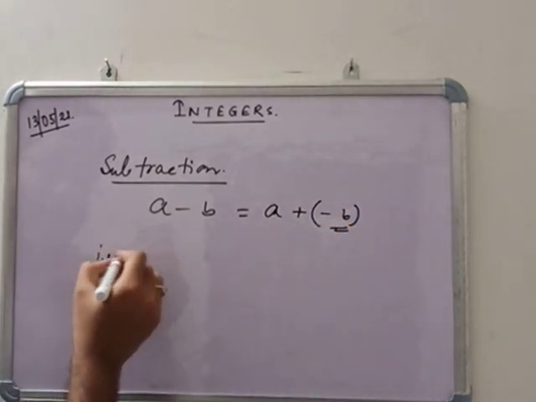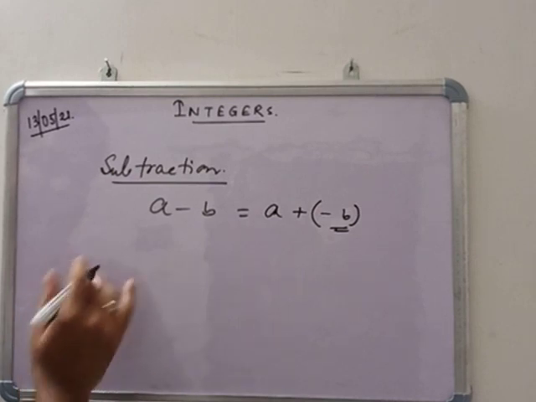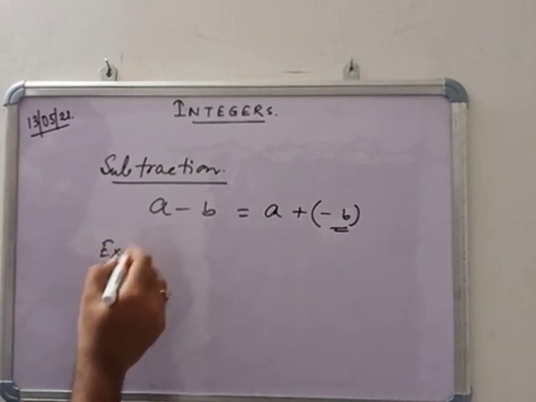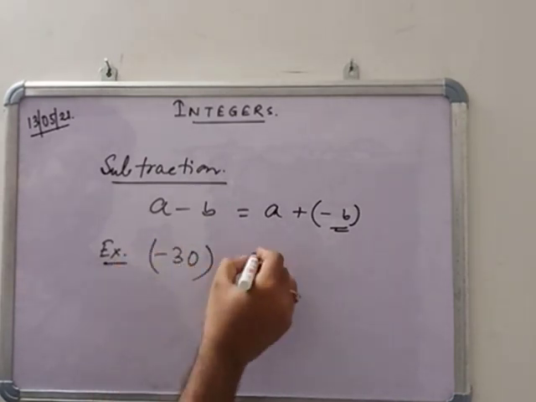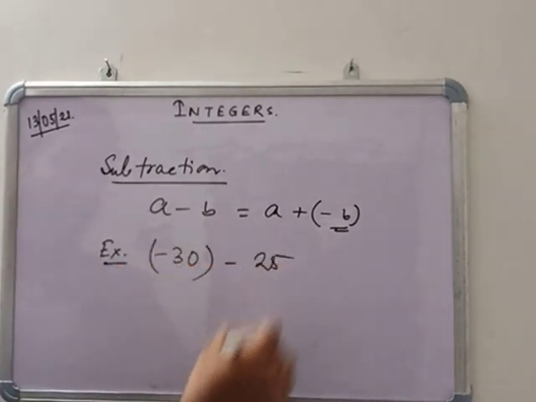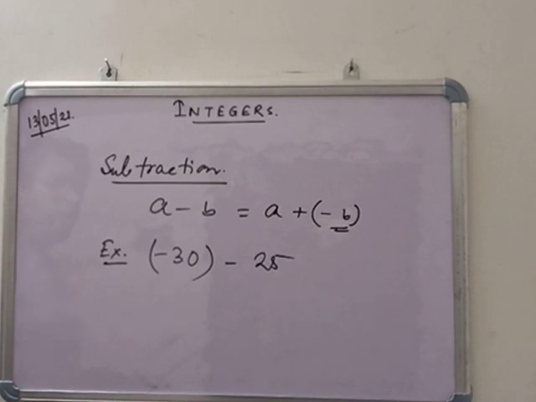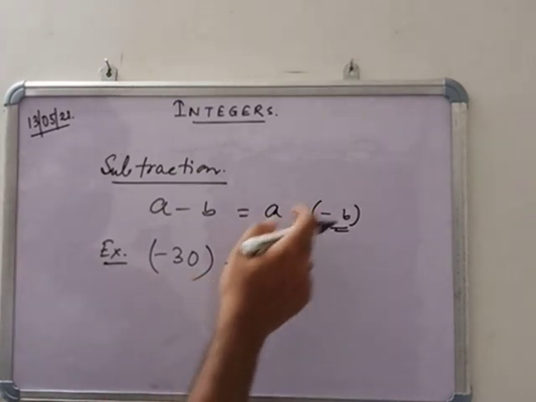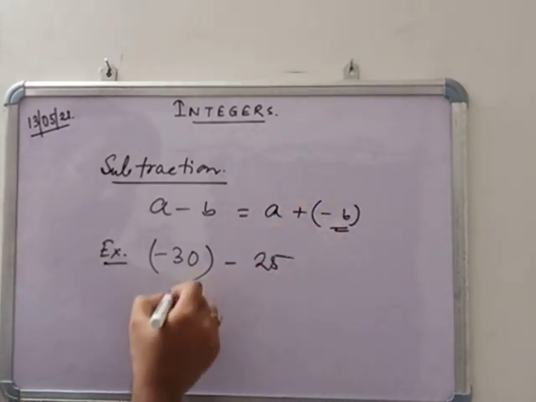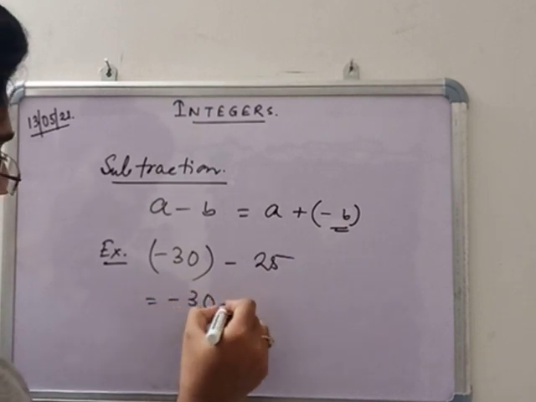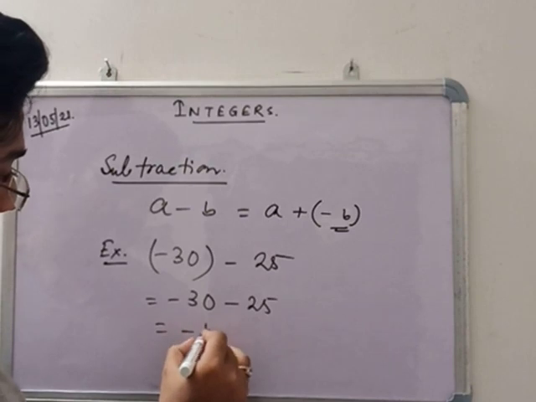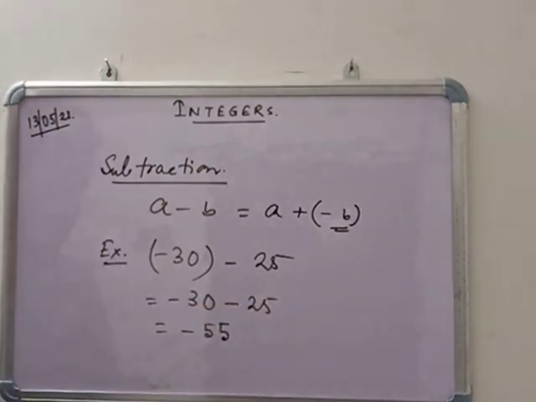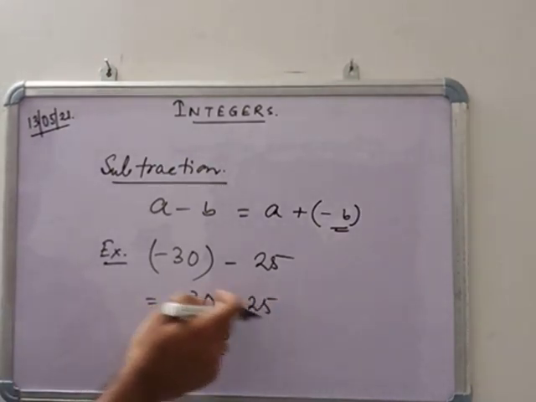For example, we can write minus 30 minus 25, which equals minus 55, because both are the same sign.